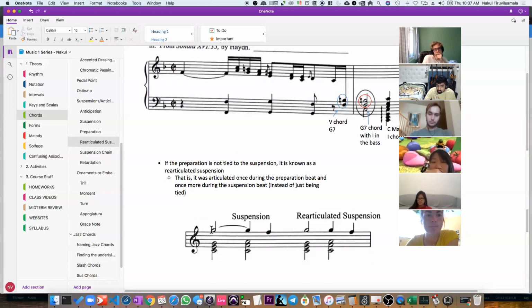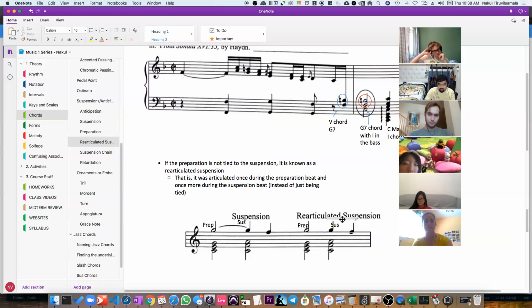right here, this note is the preparation. And this note right here, I'm just going to call it prep. And this note right here is the suspension. Right here, this is the prep, and this is the sus, right?